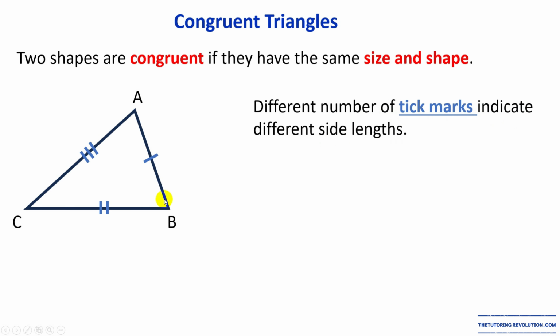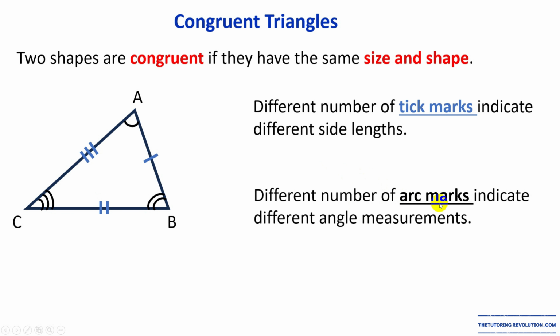So AB will have a different length measure than BC and than CA. Now we're going to label the angles with arc marks. Different numbers of arc marks indicate different angle measurements. So angle A has a different number of degrees than angle B and than angle C.